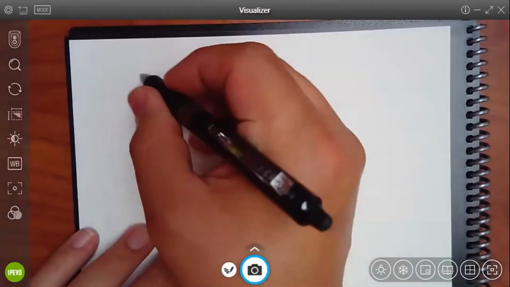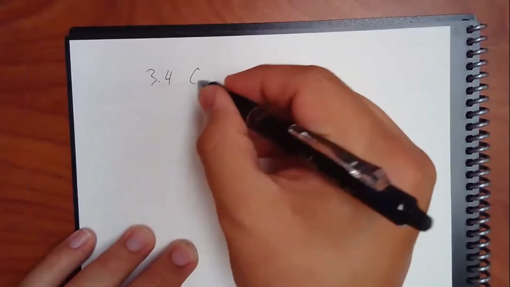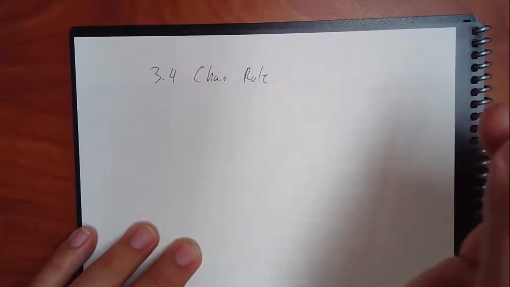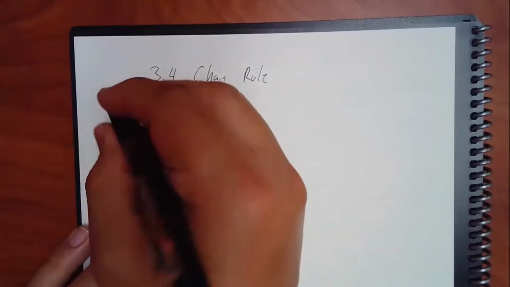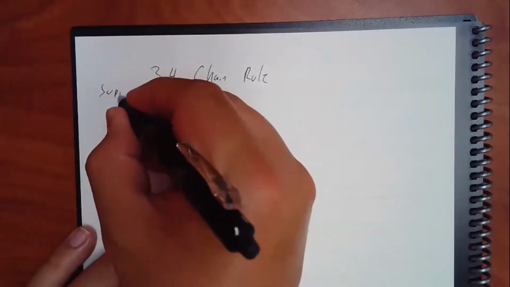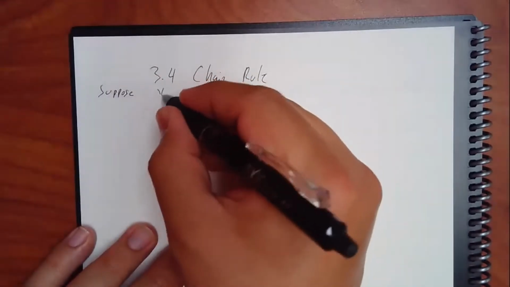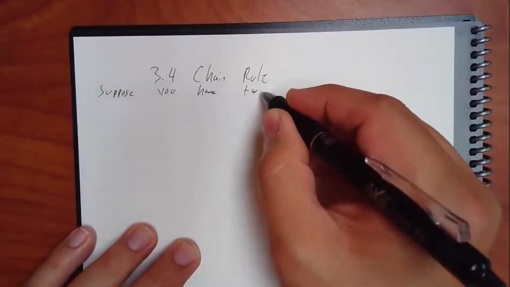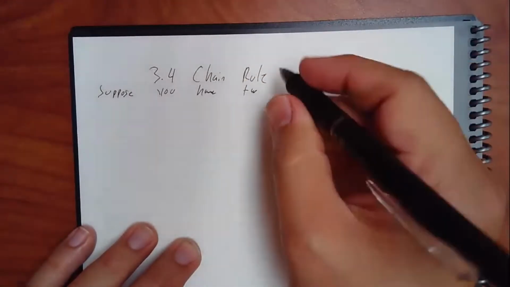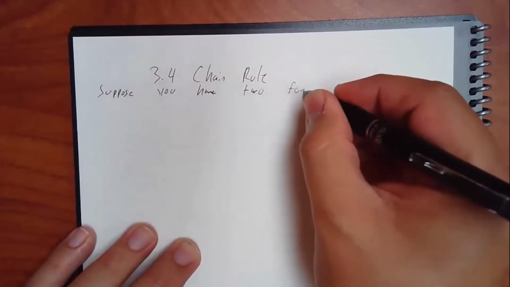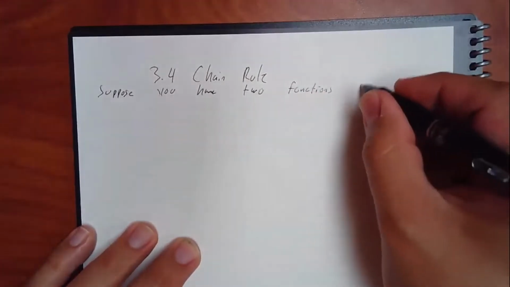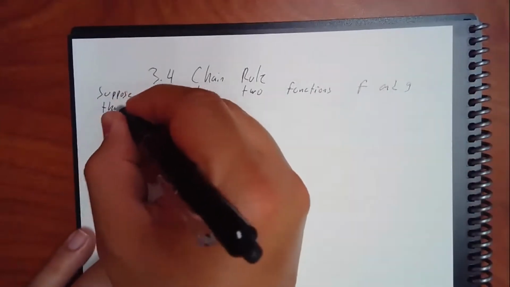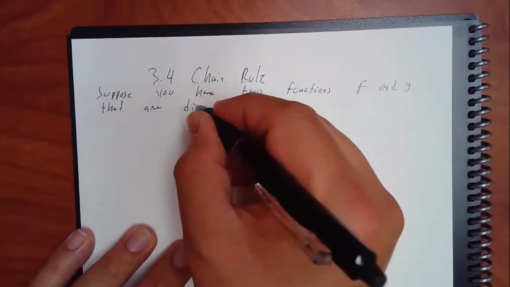This is 3.4. So basically, suppose you have two functions, f and g, that are differentiable.